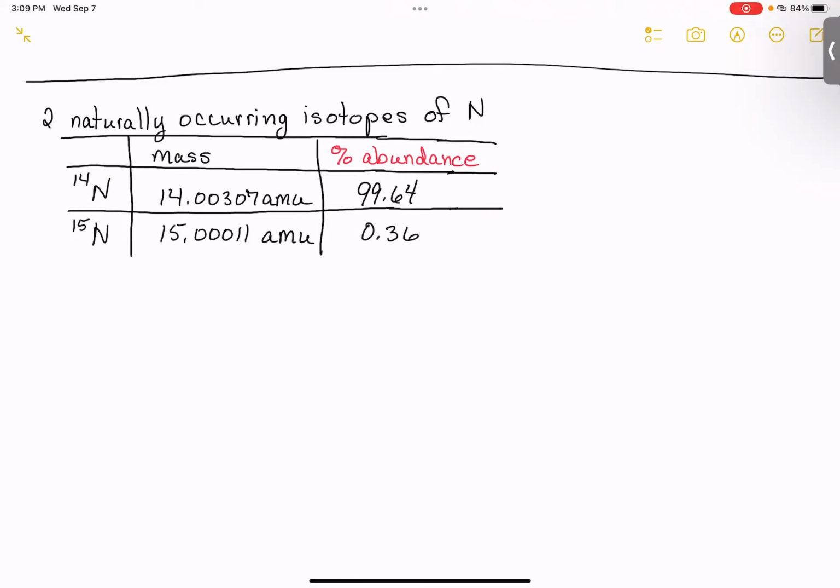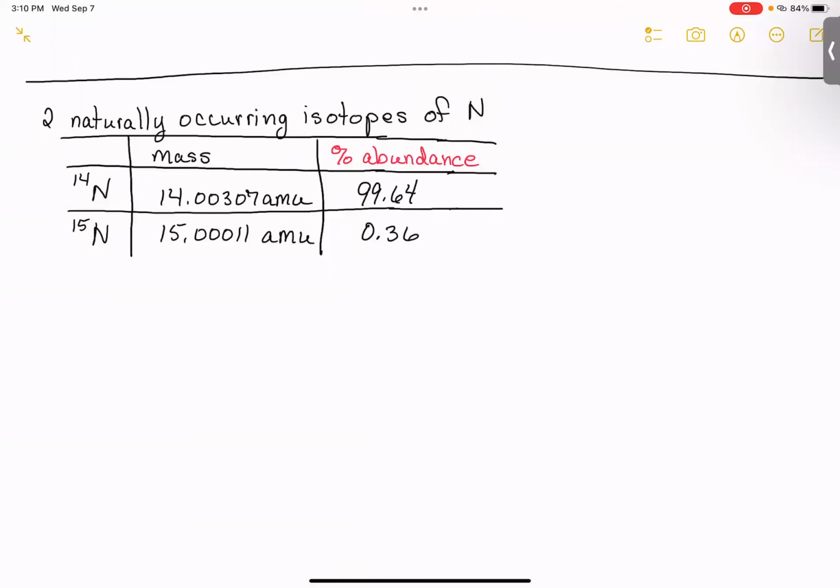Now, nitrogen 14 has a mass of 14.00307 atomic mass units. That's what AMU stands for, atomic mass unit. And nitrogen 15 has a mass of 15.00011 atomic mass units.